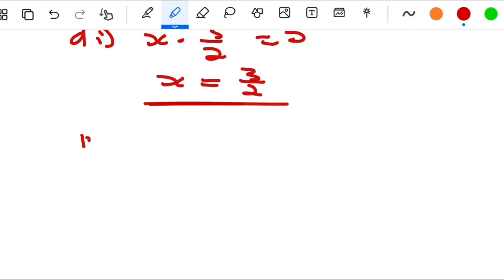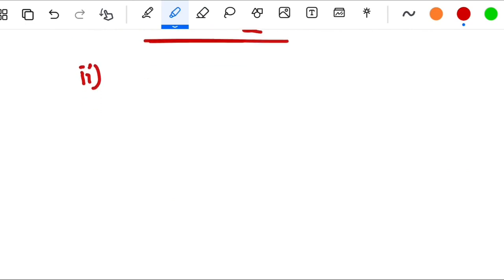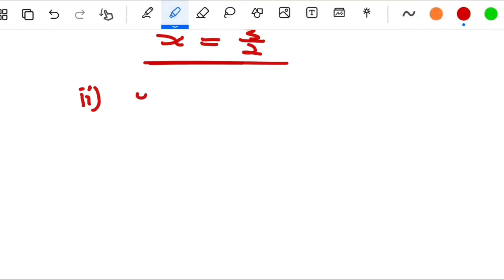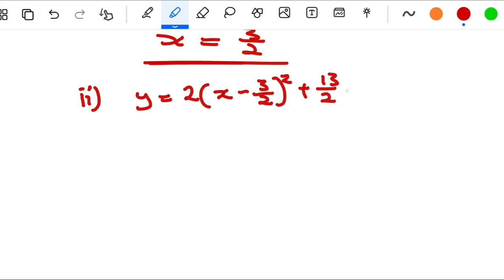To find the inverse, you simply make x the subject of the formula. Then when you're done, you simply switch x and y. So let's do that. You say y equals 2x minus 3 over 2 squared plus 13 over 2. Okay, so now we need to make x the subject of the formula.